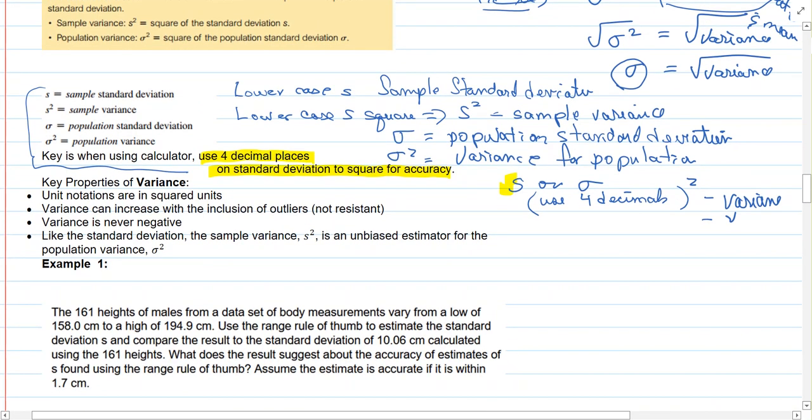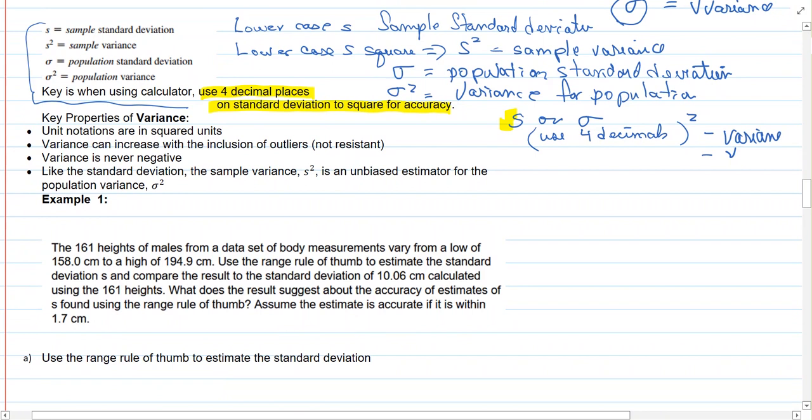Variance is S squared or standard deviation squared. The key properties of variance. I typed these up so that you could read them for sure. Unit notations are in squared units. Variance can increase with the inclusion of outliers. It is not resistant. If it is resistant, that means we have so much data it doesn't affect it. Variance is never negative because it is squared. All that information is squared. Variance, like the standard deviation, the sample variance, S squared, is an unbiased estimator of the population variance, or should be.